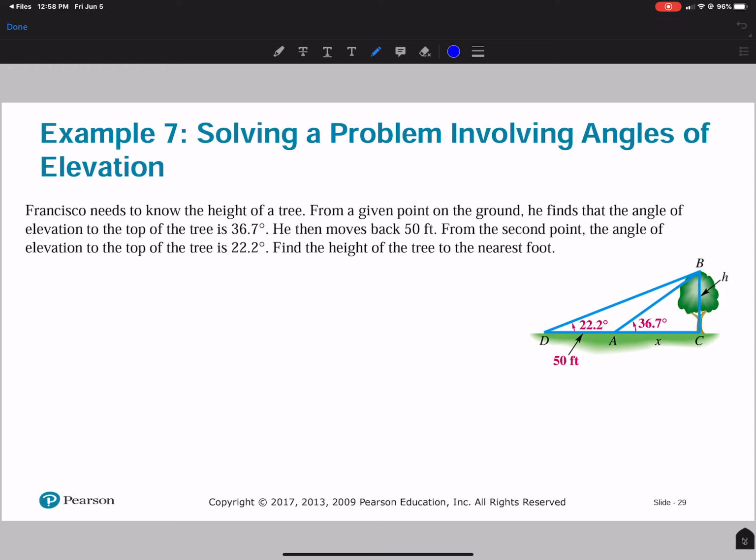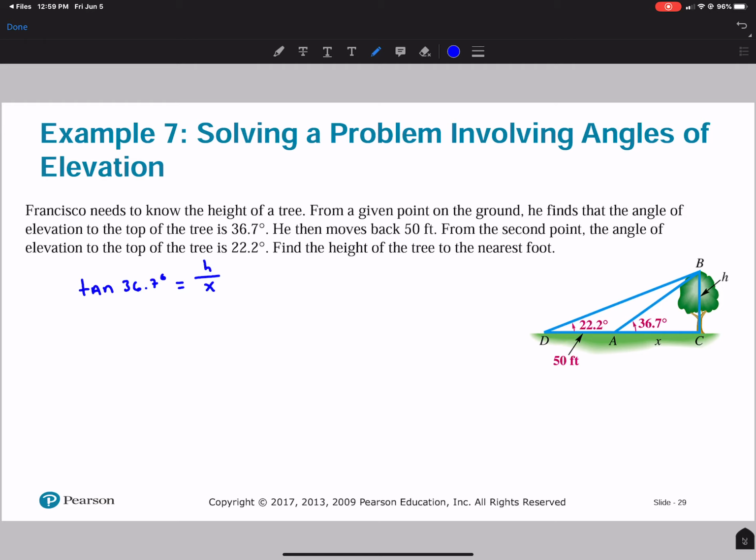So we have two things here. If you notice, we have two triangles. We got the big triangle, we have a smaller triangle. We actually have three triangles if you think about it, because we got the smaller one, and we got the slanted one, and we got the other one. So let's look at what we have. So if we got the tangent of 36.7 degrees is equal to h over x.